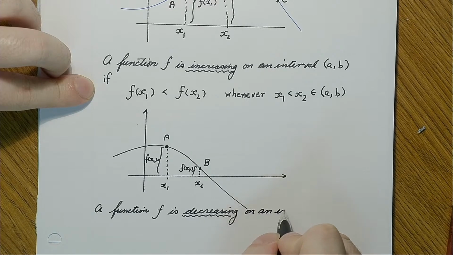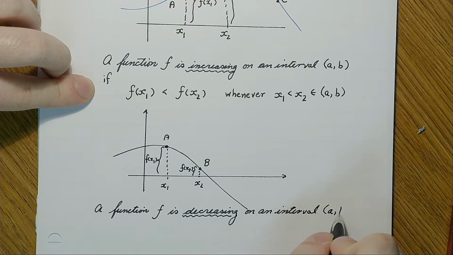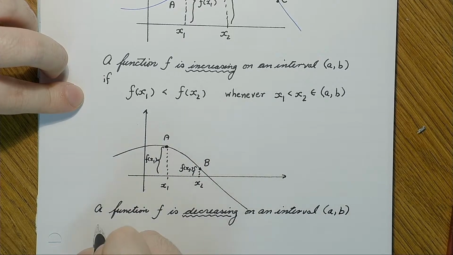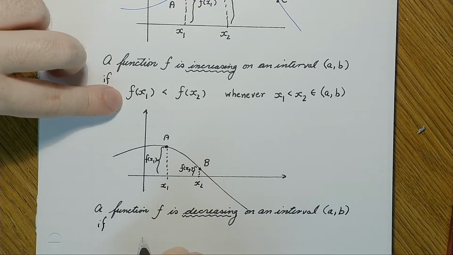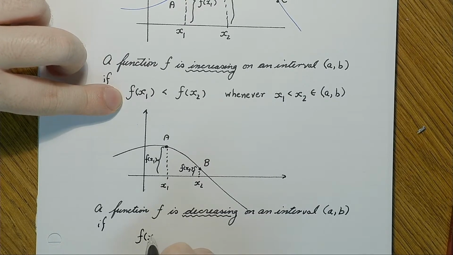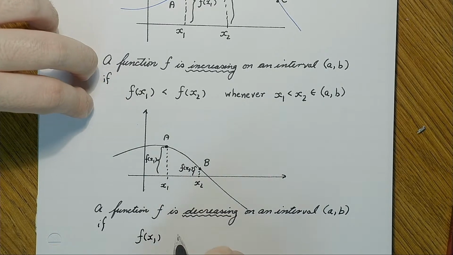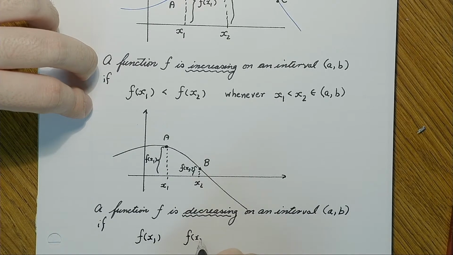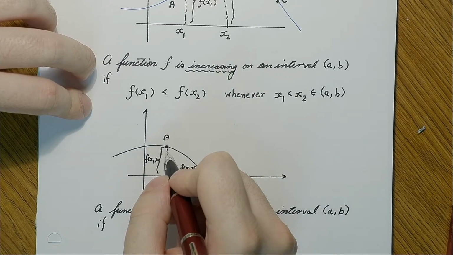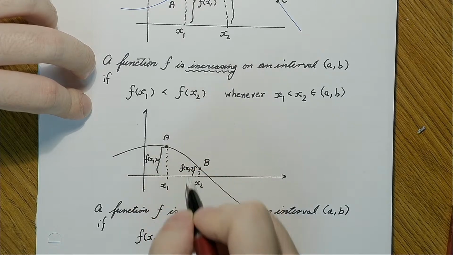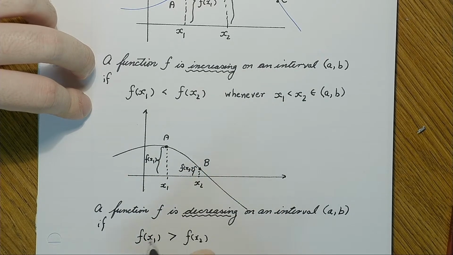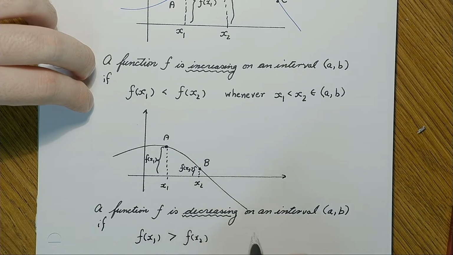on an interval if, and this time it's going to be f of x1 and f of x2. And instead this time the first value has to be bigger than the second value. So we put f of x1 is greater than f of x2.